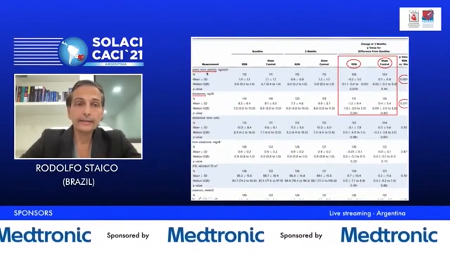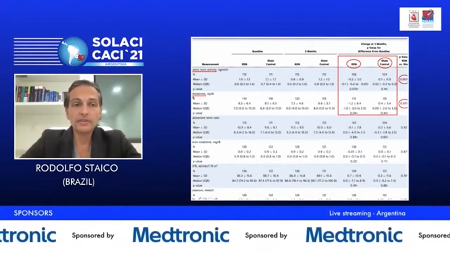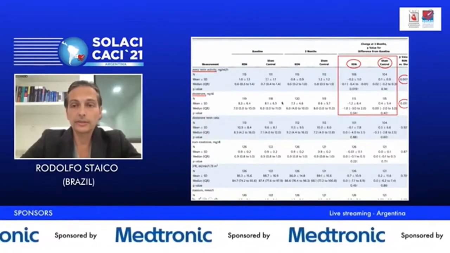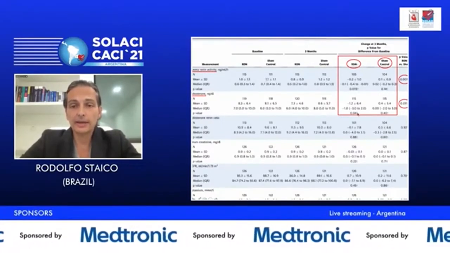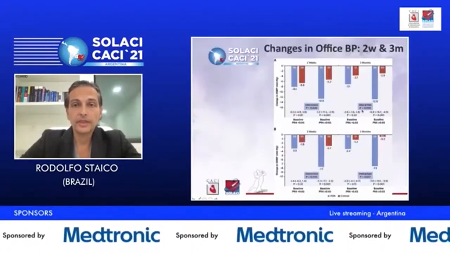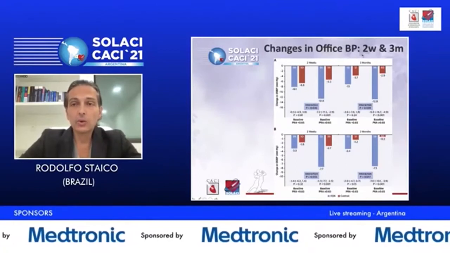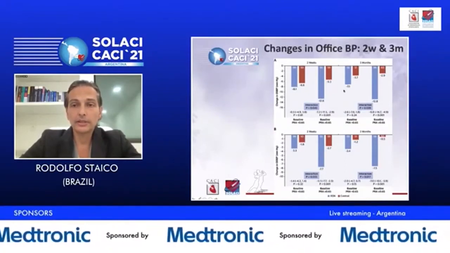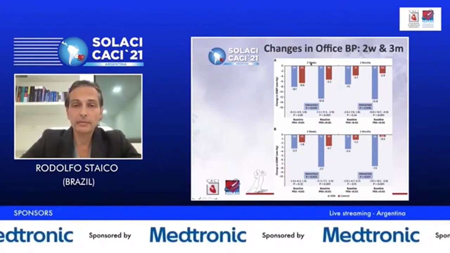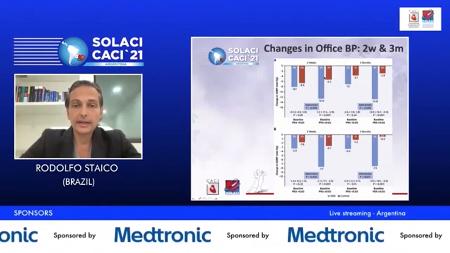Assim como a atividade renina plasmática, reduziu também os níveis de aldosterona, significativamente, naqueles pacientes submetidos à denervação renal. E essas mudanças foram observadas já com duas semanas de segmento. Vejam aqui, com 2 semanas de segmento. Renina baixa, sem significância.